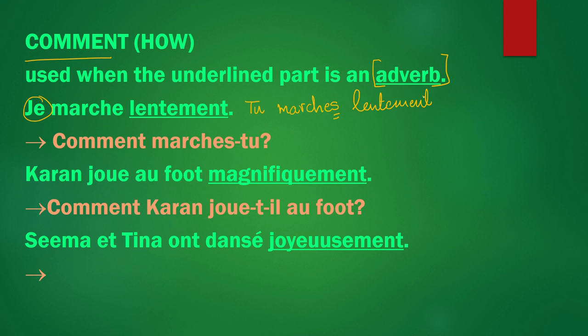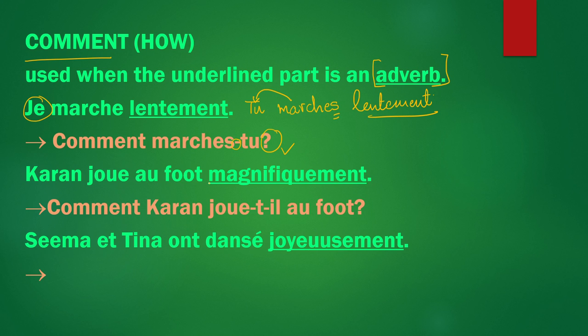Okay, so now you've converted it to tu. Now you invert this. Okay, so comment comes at the start. Tu is a pronoun, so we invert it. Marches and then tu. Okay, hyphen in between, question mark at the end. Can you see the changes that have happened? Because je has to become tu first, change the verb if it has to be changed, then invert, okay, and then put a dash.